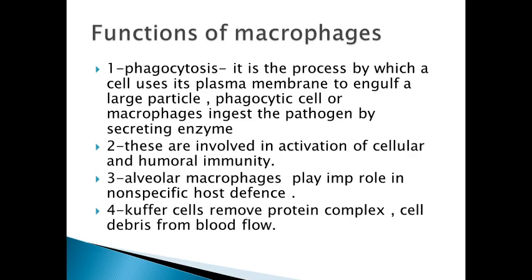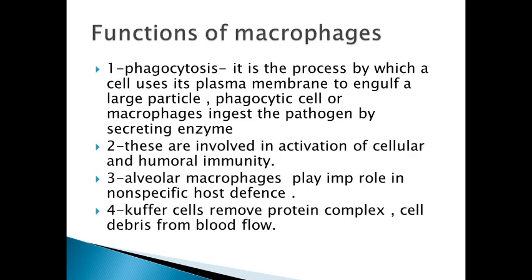So the first function of macrophages is to ingest the pathogen by producing enzymes. They are also involved in the activation of cellular and humoral immunity. They initiate the activation of cellular immunity, meaning T cells are predominantly involved, and this immunity is called CMI, cell mediated immunity. So in the activation of both types of immunity, cellular as well as humoral, the macrophages are involved.